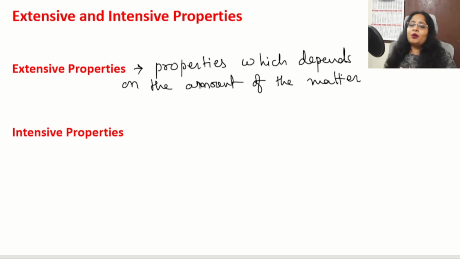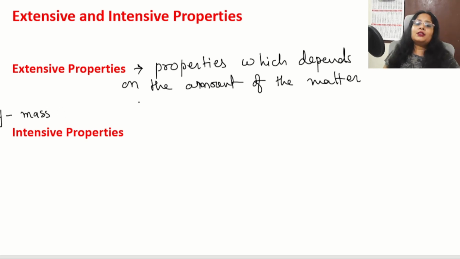Now, if the amount is less, the property is the same property, but the value is different. If we increase the amount, the property value will be different. Then this type of property is called the extensive property. Now examples of the extensive properties are, first thing is mass.